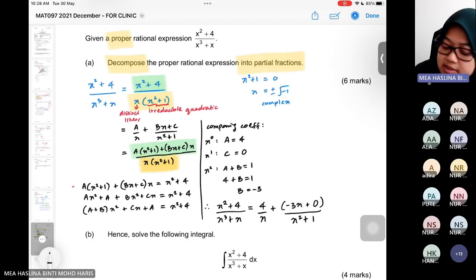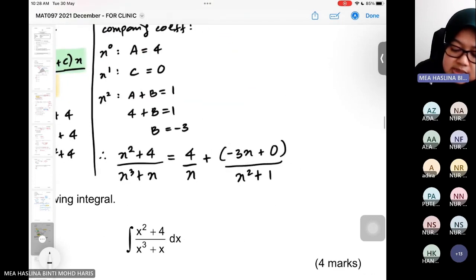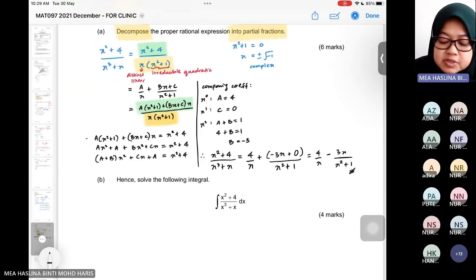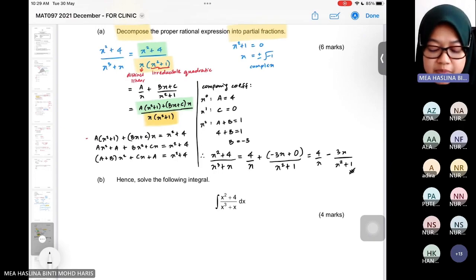You can write this in a simpler form: this is equal to 4 over x minus 3x over x squared plus 1. All right, so that is for part A, to decompose into partial fractions.